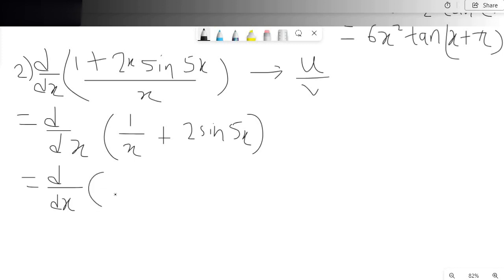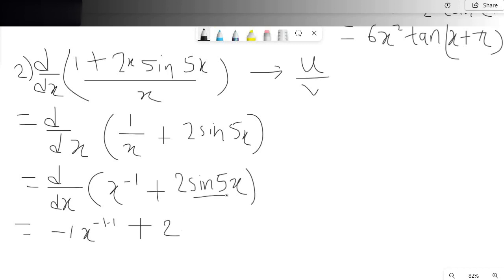So writing 1 by x in its power form or index form, we get x to the power minus 1 plus 2 sine 5x. Now differentiating, we get minus 1 multiplied with minus 1, which is minus 2, plus 2 multiplied with the derivative of sine 5x. Now if you remember that the derivative of sine x is cos x, so therefore it will be cos 5x.